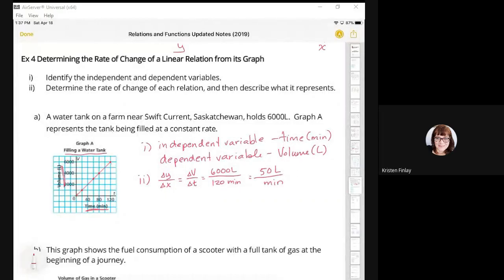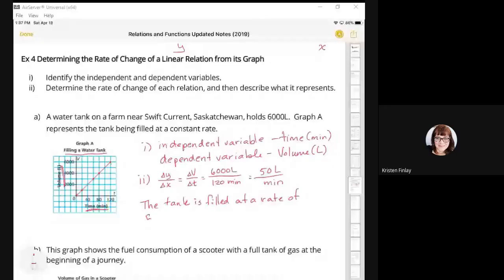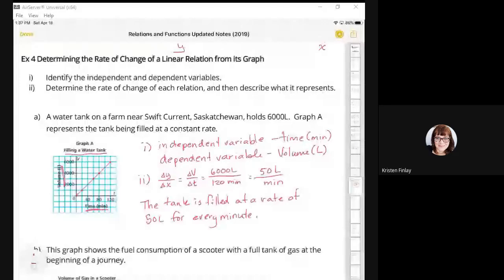So this means that the tank is being filled at a rate of 50 liters for every minute. So that would be if we're expressing this in words, okay? All right, that's what that represents.